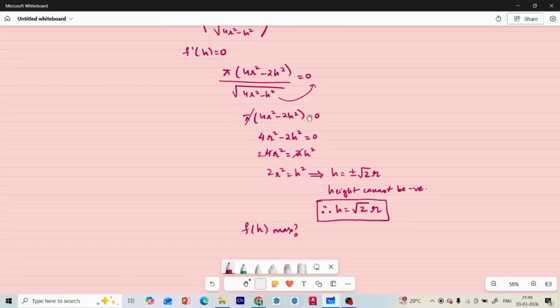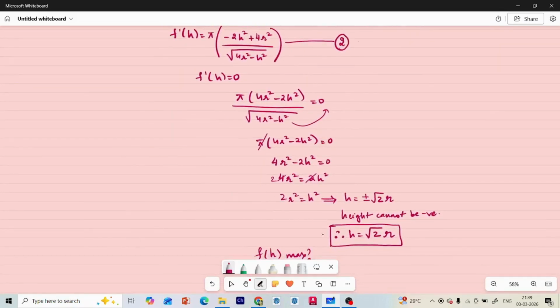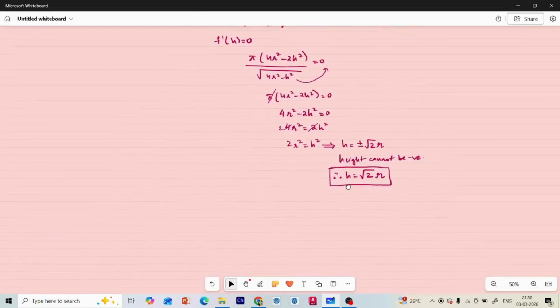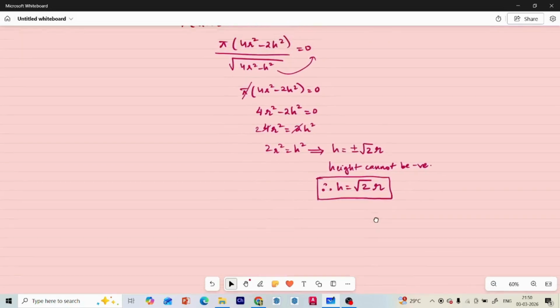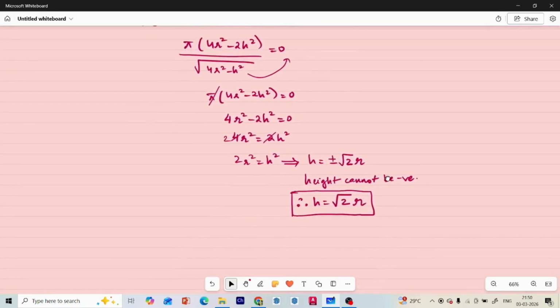So let's double differentiate our f of h. So basically here it is f double dash h. As you can see, we have to apply u by v rule. That is this, nanna, this is my f dash h.